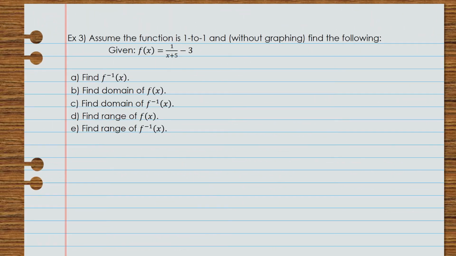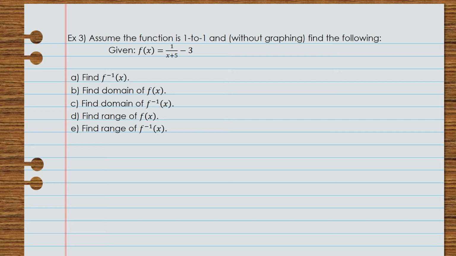Example 3, assume the function is one-to-one and without graphing, find the following information. We're given the function f of x equals 1 all over x plus 5 minus 3. So part A says find the inverse function.